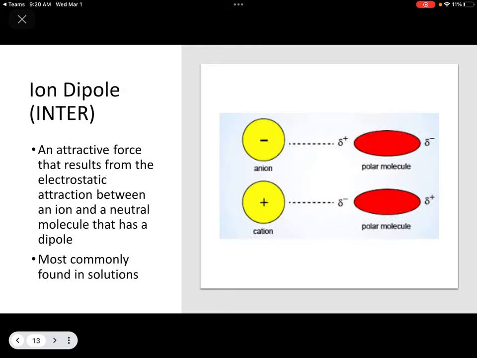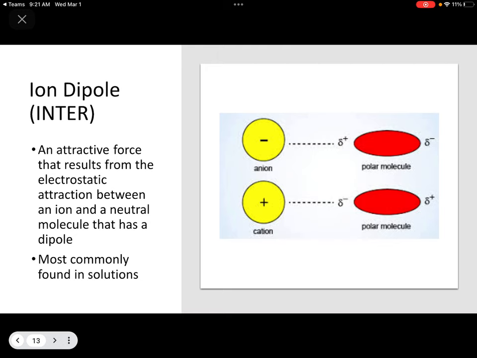Then we're going to have ion dipole, and this is also intermolecular. This is the attractive force that results from the electrostatic attraction between an ion, either positive or negative, and a neutral molecule that has a dipole.